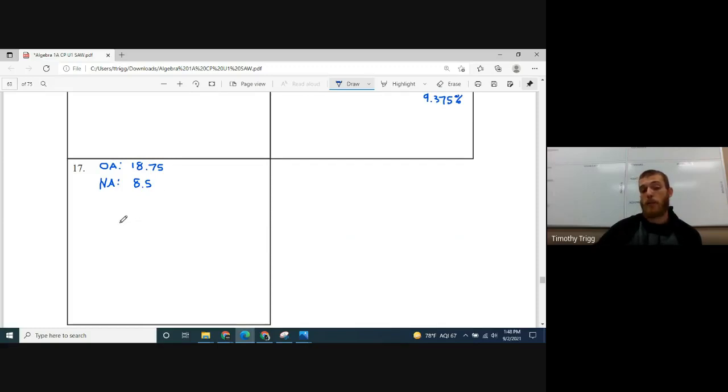Now to figure out the percent change, we take the larger one minus the smaller one divided by the original.